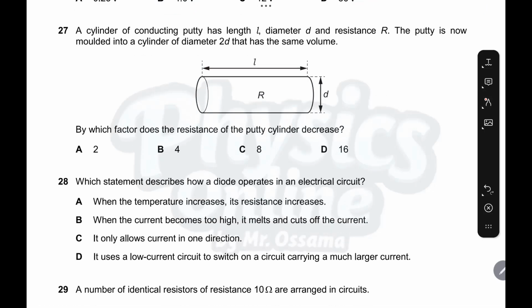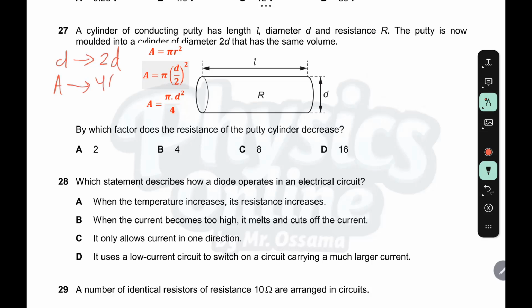Question 27. A cylinder of conducting body has length L, diameter D, and resistance R. The body is now molded into a cylinder of diameter 2D that has the same volume. If the diameter doubles, the cross-sectional area increases 4 times.